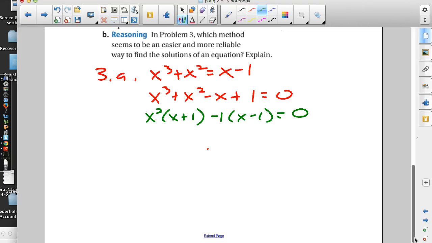We would see the utter failure. Those were not the same. And we realize we're going to have to use the graphing calculator. We don't have any choice. X cubed plus x squared minus x plus 1.